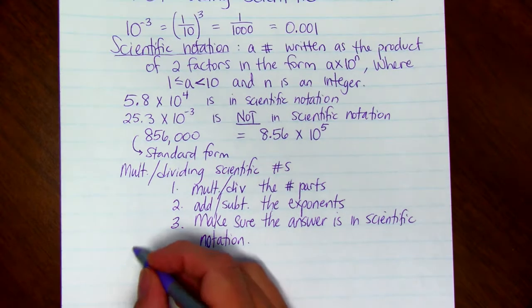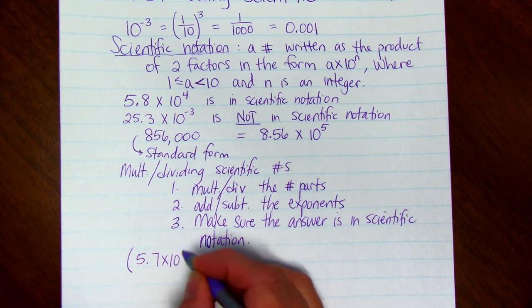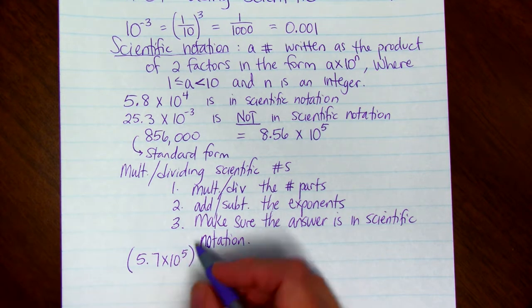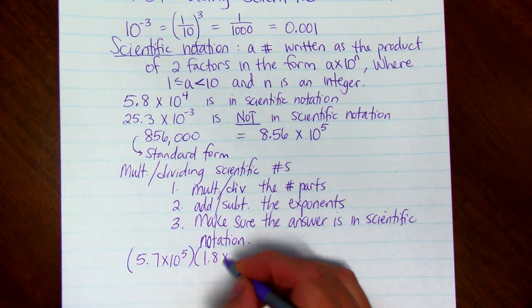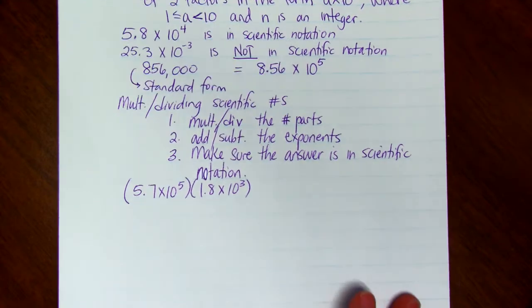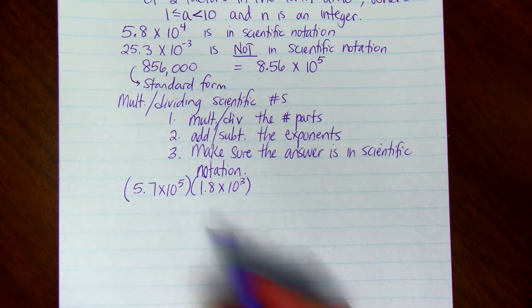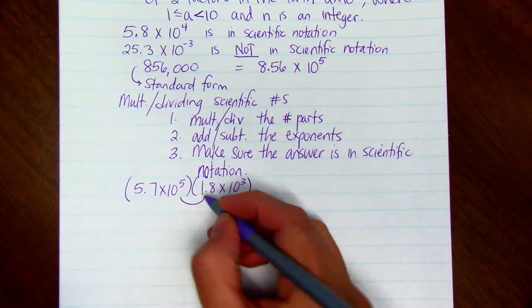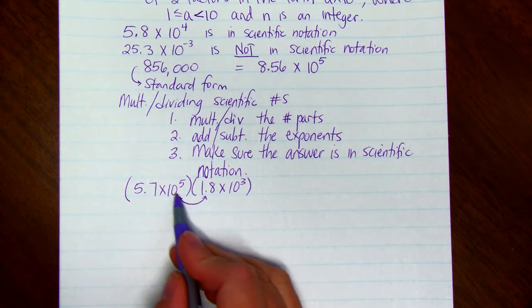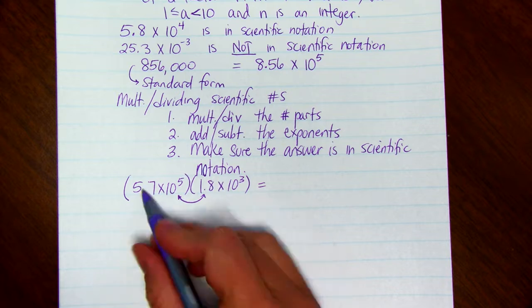So here's an example of multiplying two numbers in scientific notation. 5.7 times 10 to the 5th times 1.8 times 10 to the 3rd. Now, we can use the commutative property. All four of these numbers are being multiplied. So we could switch orders. We're going to switch these two right here. We're going to get the 10's powers together and the number parts together.